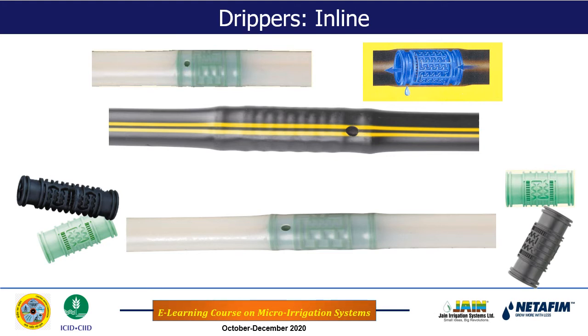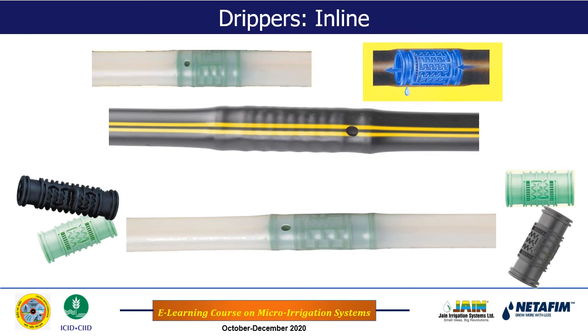If we find that some emitter is not giving proper discharge, or if it is clogged or blocked, this means that we have to remove it, clean it, or replace it. We can do this very easily for online emitters, but for inline emitters it is very difficult to locate the emitter which is clogged, unless the area near that emitter is dry or the plants are wilted.